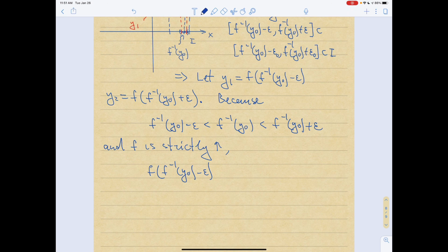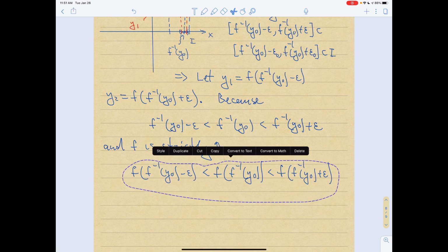When I apply f to each of these inequalities, the inequality is preserved. So f of f inverse of y0 minus epsilon is less than f of f inverse of y0, in turn less than f of f inverse of y0 plus epsilon.